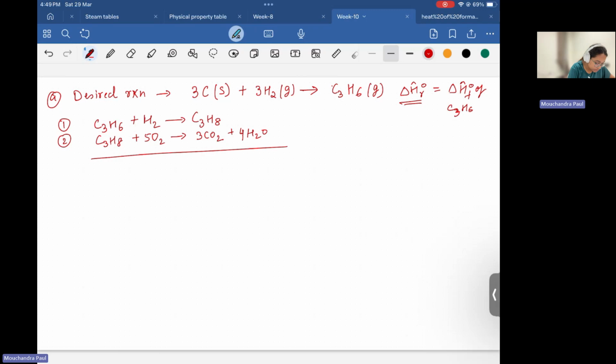If you add these, we'll see C3H6 come out, C3H8 and C3H8 cancel out, plus H2 plus 5O2 gives 3CO2 plus 4H2O. Okay.